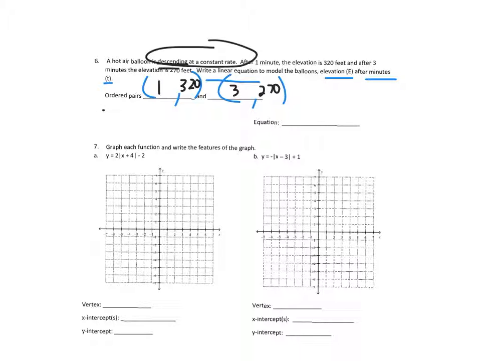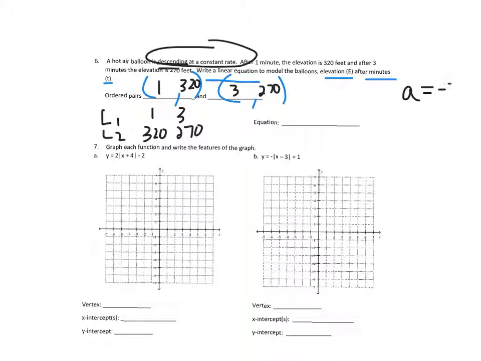Go to Stat, Edit, delete the old ones you already did, and put 1 and 3 in L1, and 320 and 270 in L2, so 1 maps onto 320 and 3 maps onto 270.